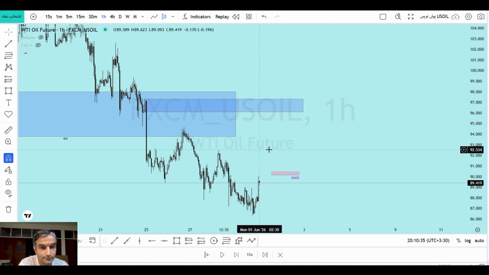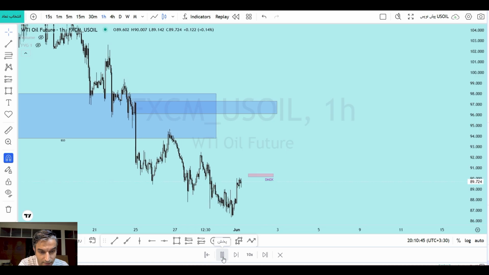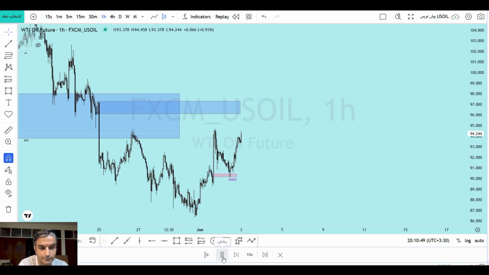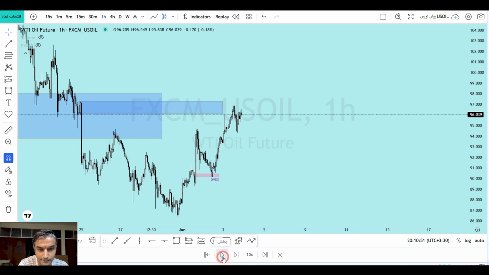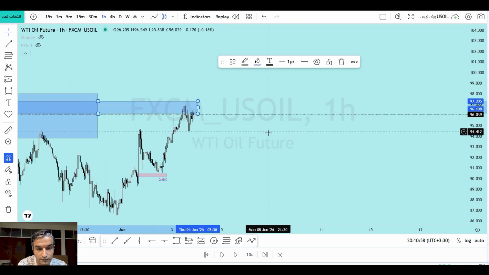Okay, let's see what will happen. And here we have another direction that I will explain in our second example. As you see, price came to this area.